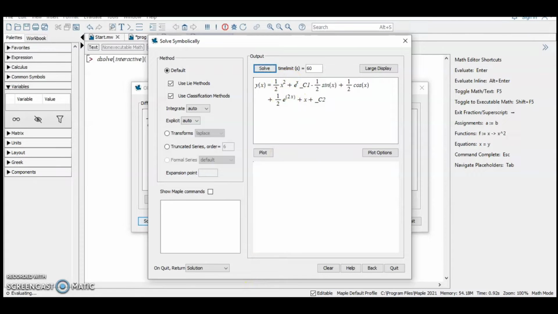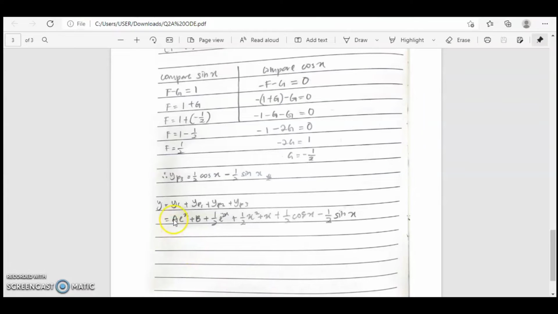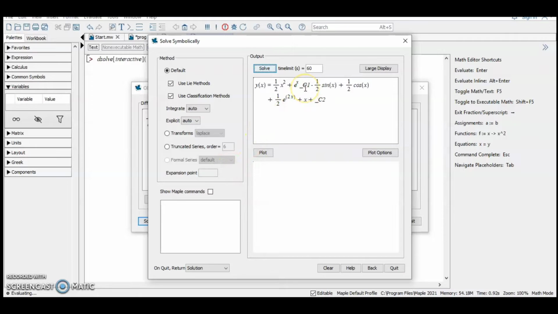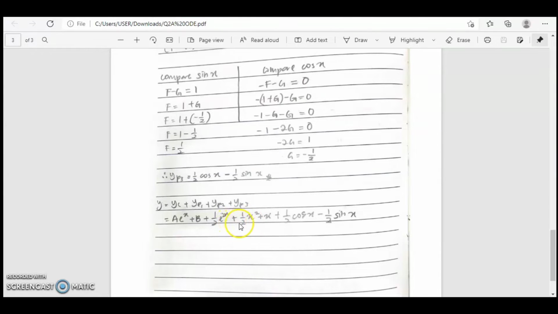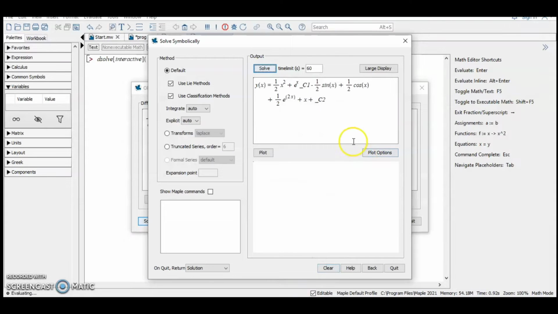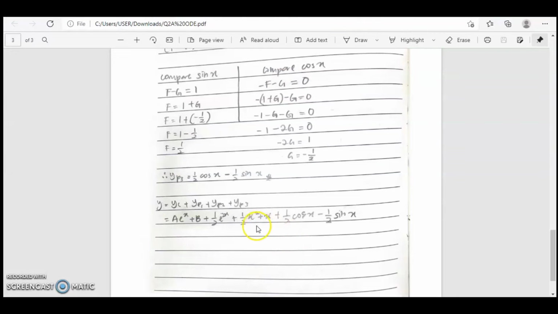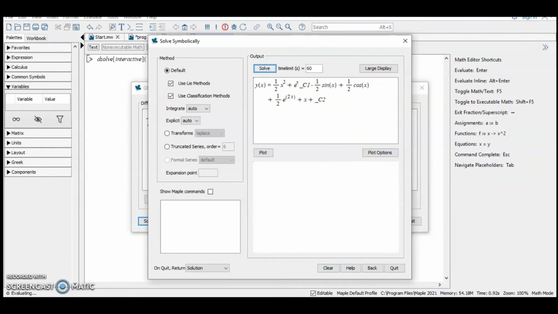Here you can get a e to the x plus b, we get c1 e to the x, c1 as a and c2 as b, and we have 1 over 2 x to the power of 2, minus plus x, so plus x.